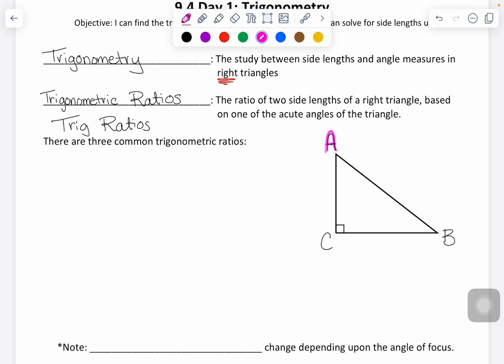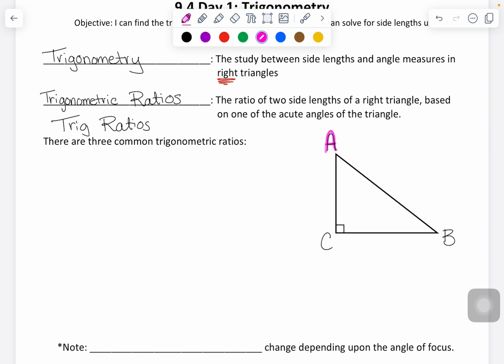And when you focus in on that angle, its relationship to the sides can form these ratios, these fractions, that can help us solve for either missing angles or missing sides in situations with triangles where you don't have enough information to use Pythagorean theorem for the sides, or you don't have enough angle measures to find the angle because angles add up to 180.